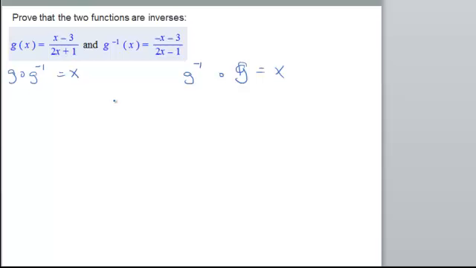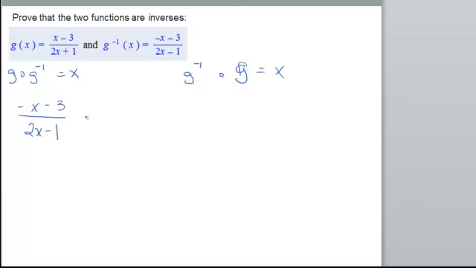If just one of them is true, then it should be true. So g inverse goes inside g. So instead of these x's, I'm going to put all of this stuff. So I have negative x minus 3 all over 2x minus 1.